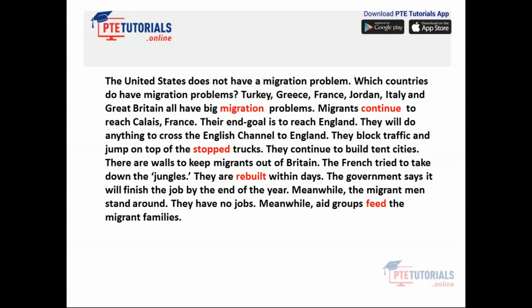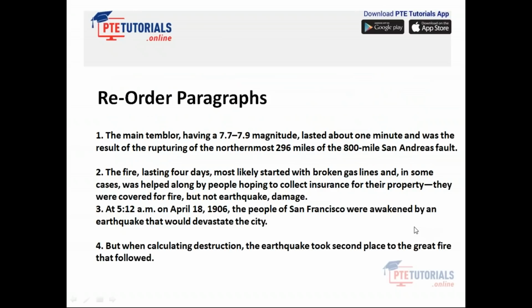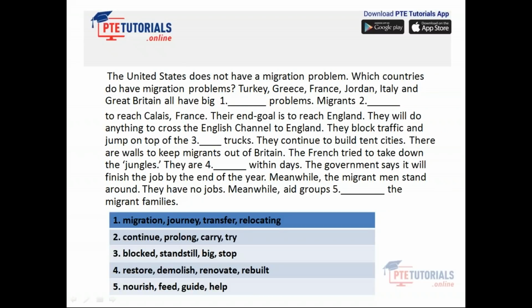The government says blah blah. They have no jobs. Meanwhile, aid groups feed the migrant families. Just because of the presence of families, I'm going to select here the word feed, not nourish. Aid groups never nourish. Nourish means a high level positive word. And they are not here to guide the families. And because we are talking about jobs and then help, it's nothing like aid groups.